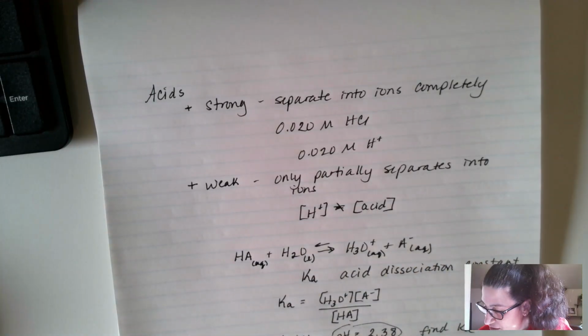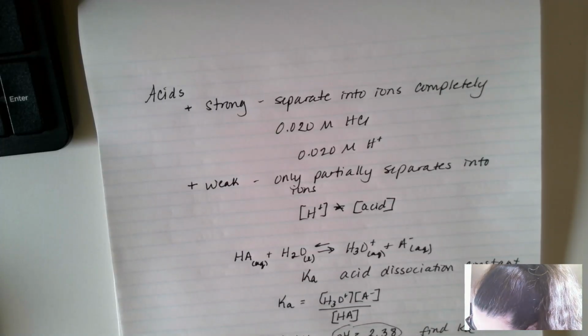Now I have my equilibrium concentrations. So Ka is my H3O+ times my COOH- all over my HCOOH.